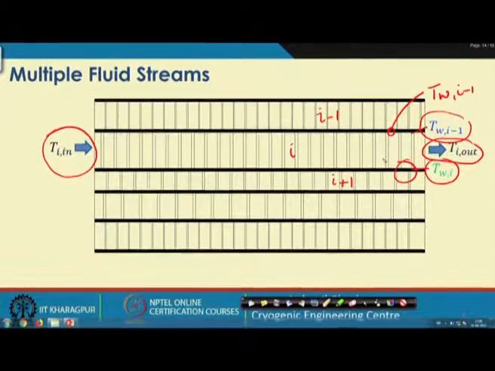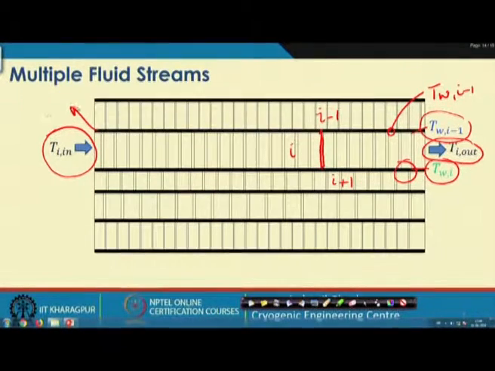So, in this generalized configuration, we now want to find out how the temperature of the plate and the fluid streams are correlated, and in that context we have solved the basic fin equation connecting the two walls.